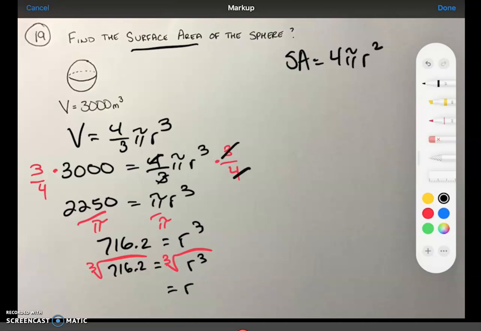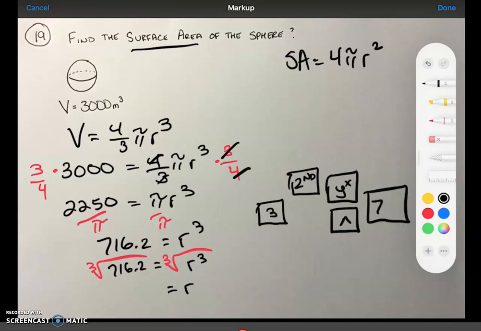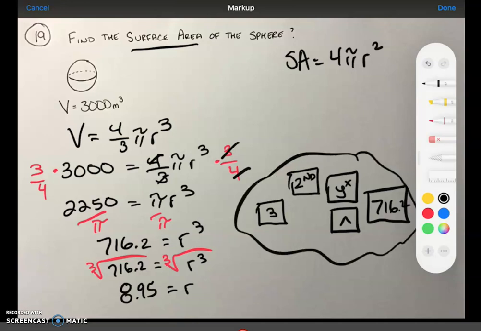Most calculators, to figure out the cube root, you're going to want to hit 3 first, then the second button, because you're going to go above things, and you are either going to hit this button here, which looks like a y and an x, or this exponent button, and then you are going to type in the number 716.2, and it should tell you what the cube root of 716.2 is. And I did this already. It's about 8.95.